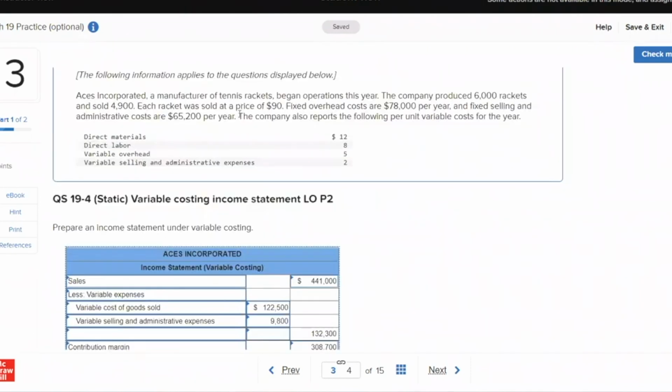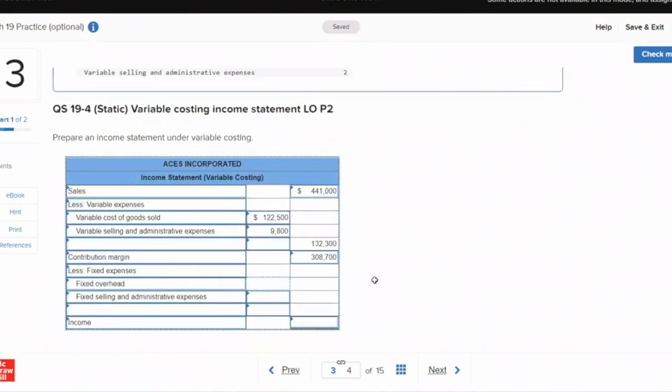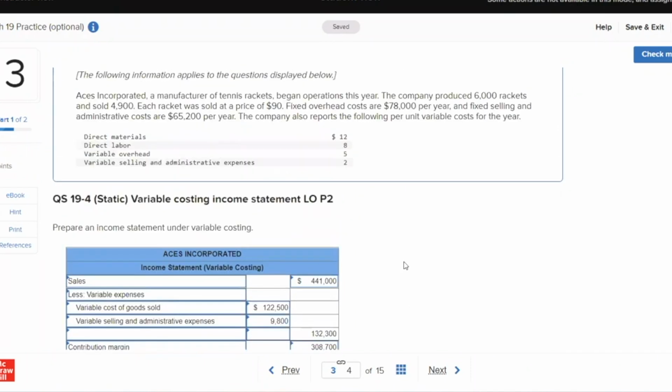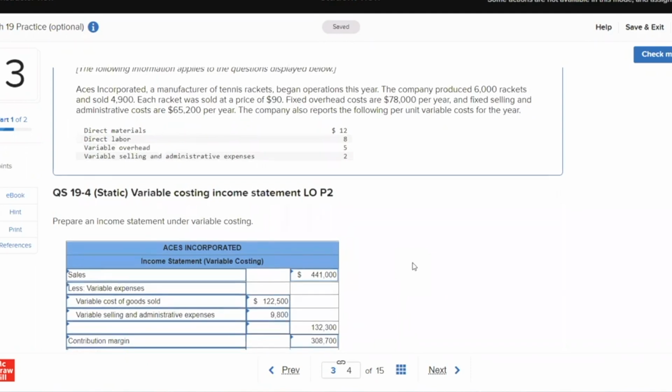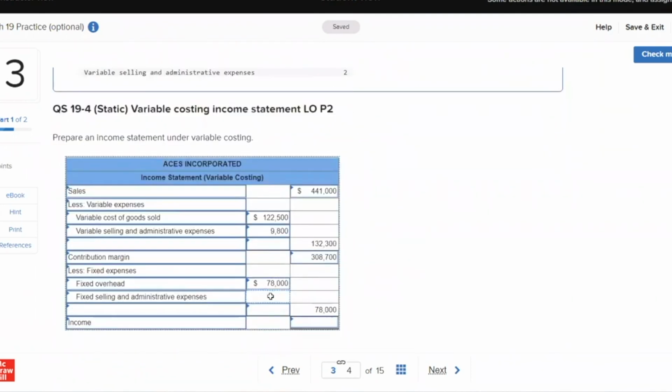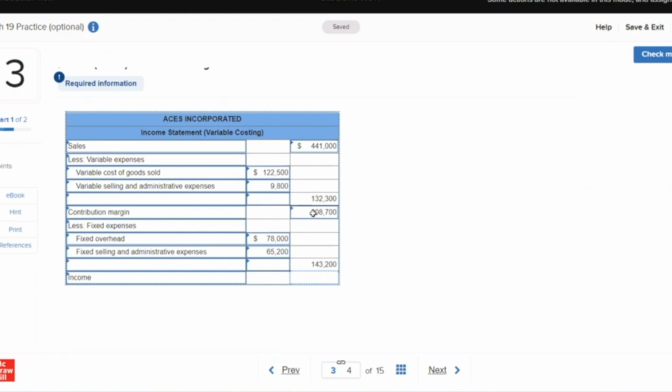And the fixed overhead is 78,000. Let's type it in. And then the fixed selling is 65.2. So my net income is the contribution margin minus that 308,700, minus 143.